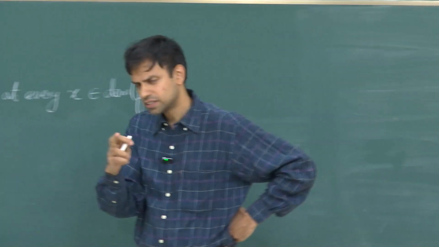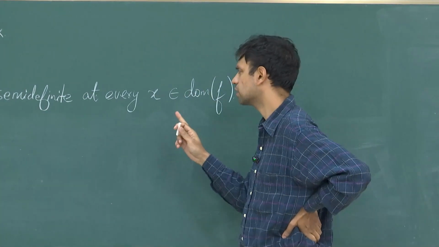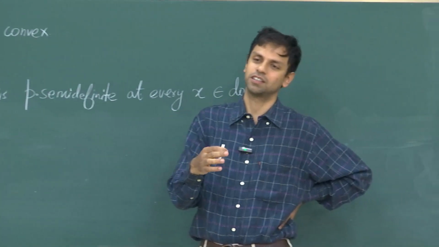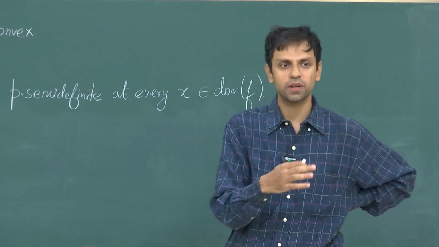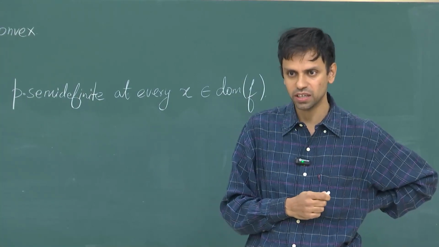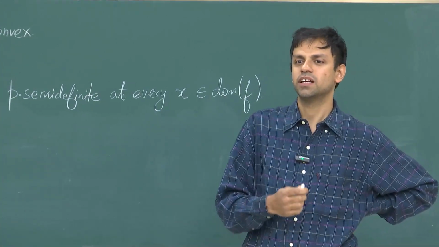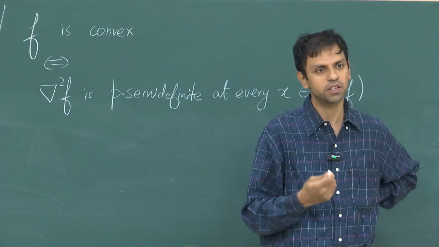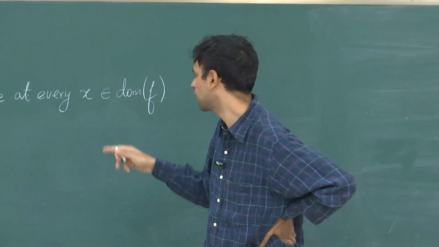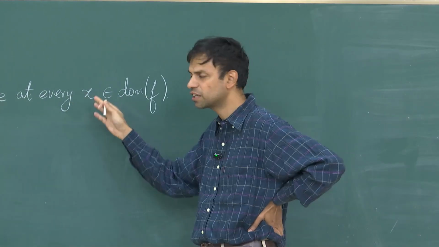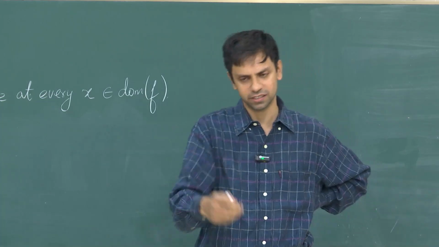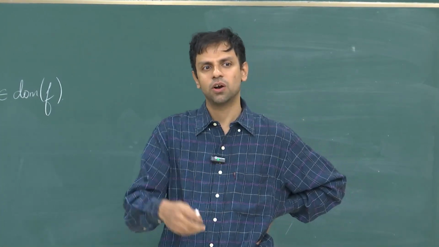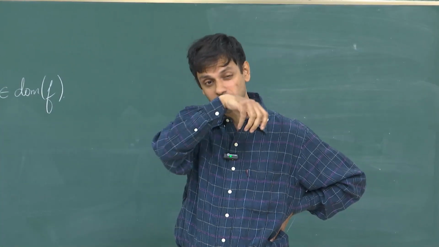That type of analysis is possible for the case when this Hessian is constant everywhere, for example, for quadratic functions. If the function is not quadratic, then this Hessian keeps changing depending on x. So that means you may have to evaluate these eigenvalues or do this factorization at all possible x's, which is not really possible, okay. So we need more tests or more checks on what is convex and what is not.